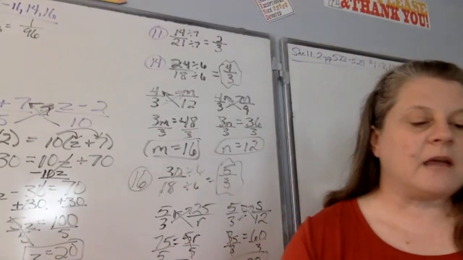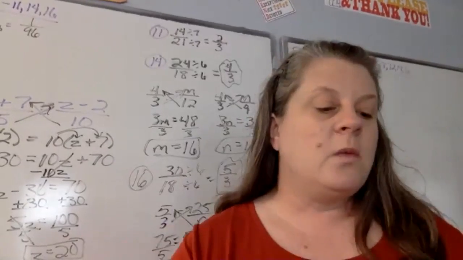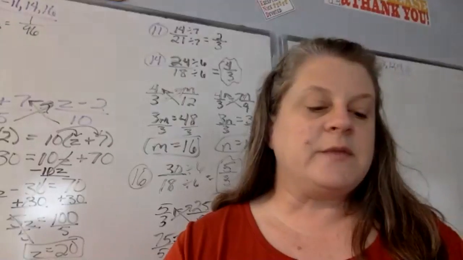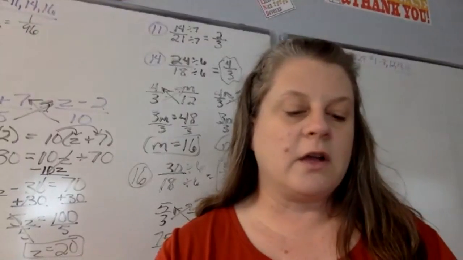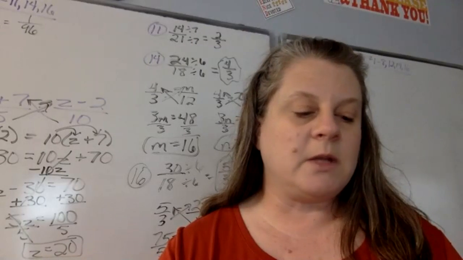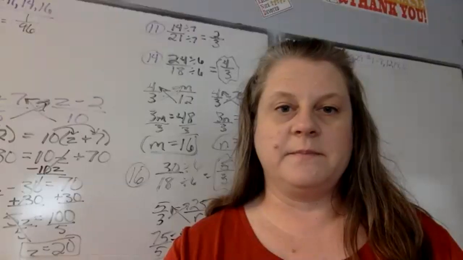We do the same with similar triangles. There are some of those rules. One of them is on page 525. It says if 2 angles of one triangle are congruent to 2 angles of another, then the 2 triangles are similar by the angle, angle similarity postulate.